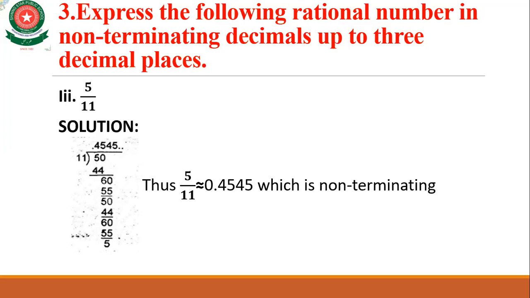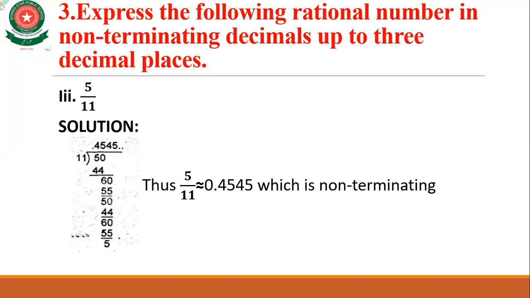Now we know that 5 is less than 11, so we have to place a decimal point, which allows us to place a 0 with 5. So now our equation will be 50. We will multiply 11 with 4 to get 44. And the remainder will be 6.